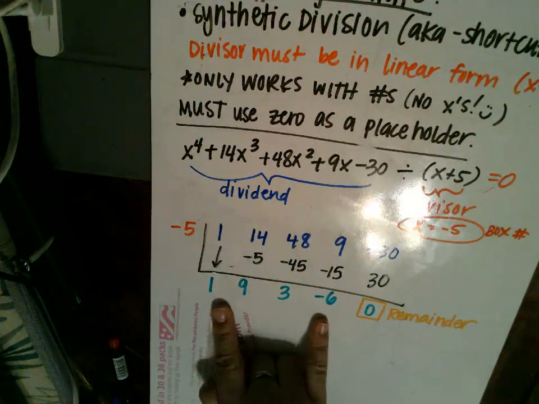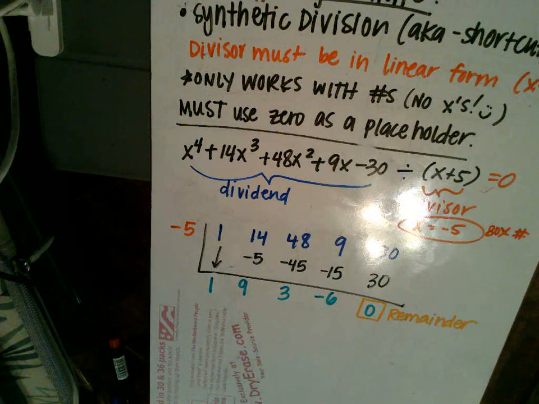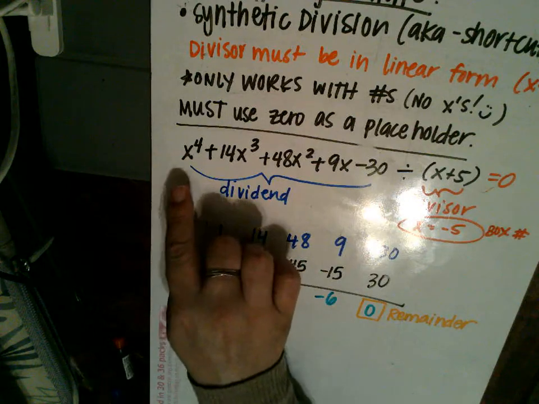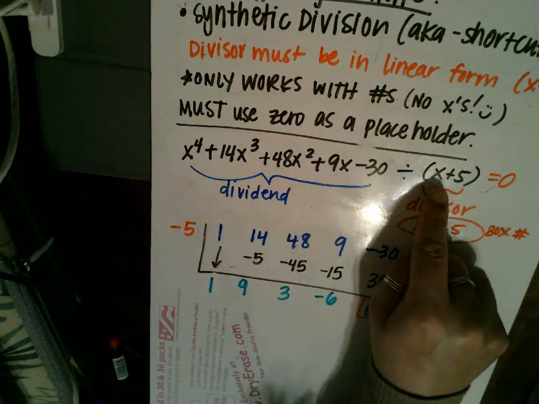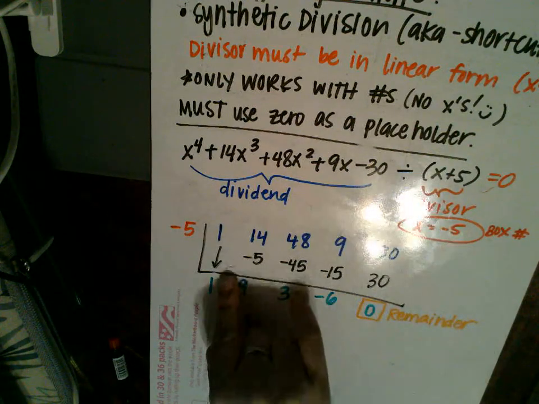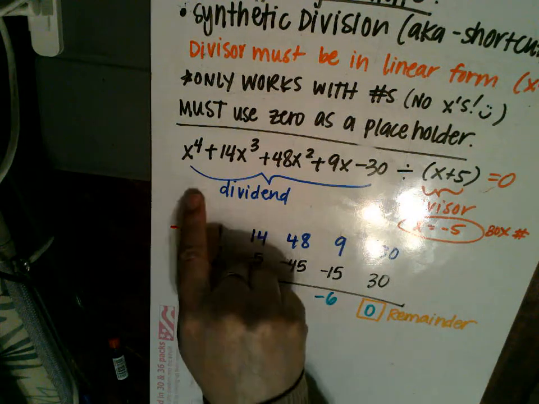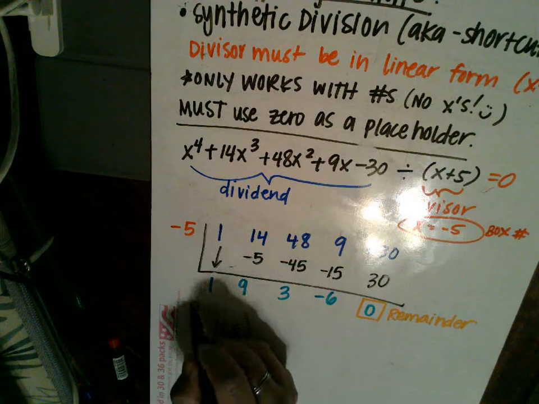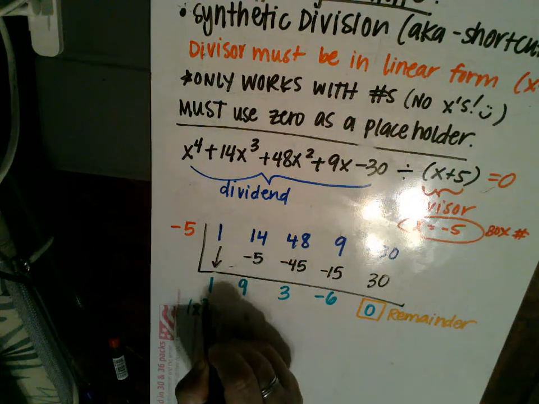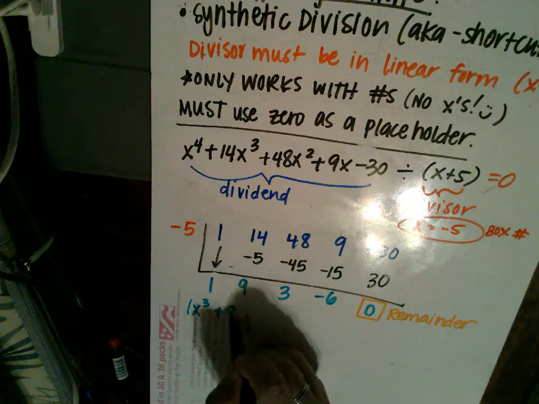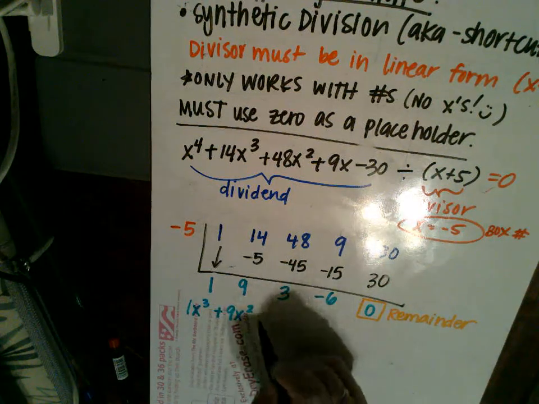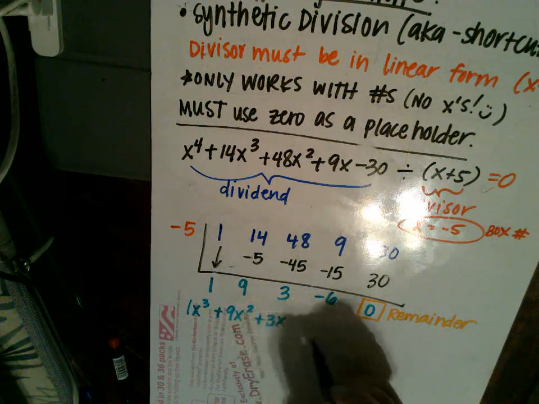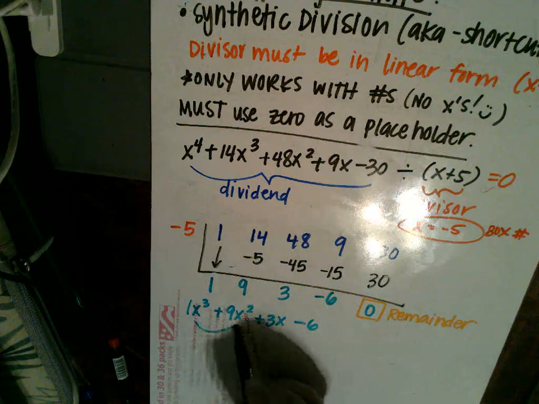And this is my quotient. Now, since I divided by a linear term, x to the 4th divided by x, this will always be 1 degree less than my dividend. So this quotient corresponds with 1x to the 3rd plus 9x squared plus 3x minus 6.